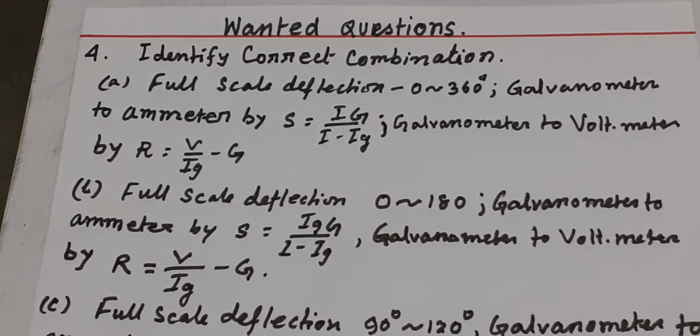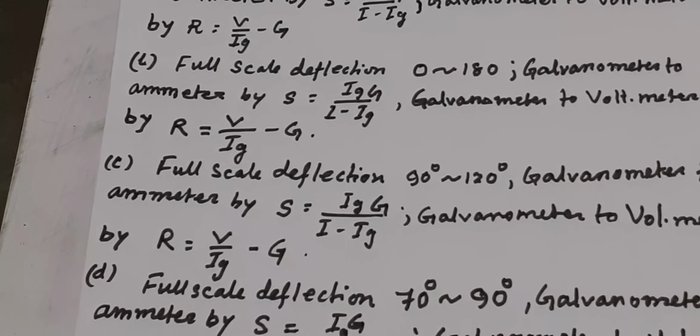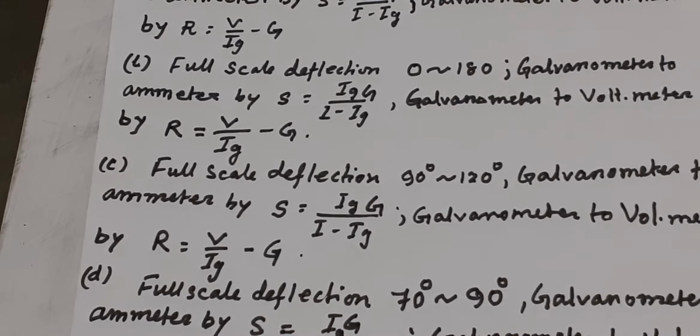Now full scale for B, that is 0 to 180 degree, and the galvanometer modified to an ammeter, that is S equal to I_g into G divided by I minus I_g, and when it is converted to a voltmeter, that is R equal to V by I_g minus G. And full scale deflection for C is 90 degree to 120 degree.